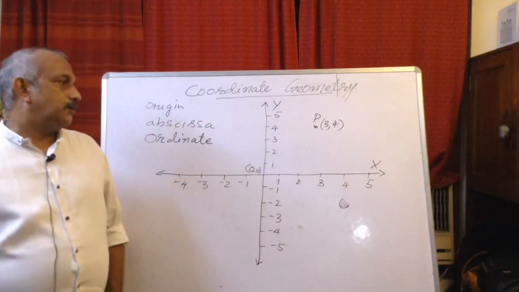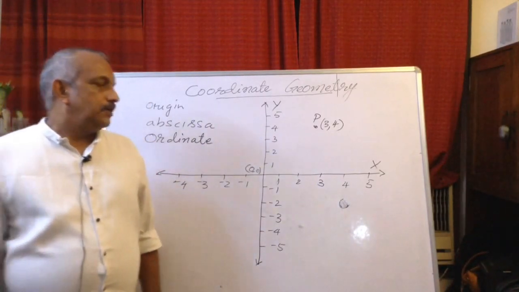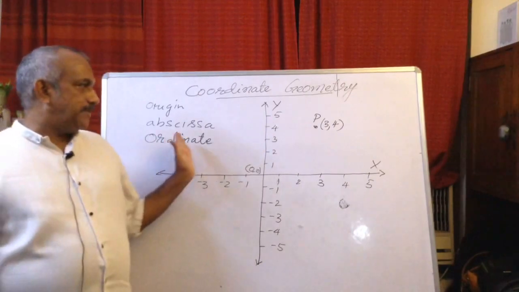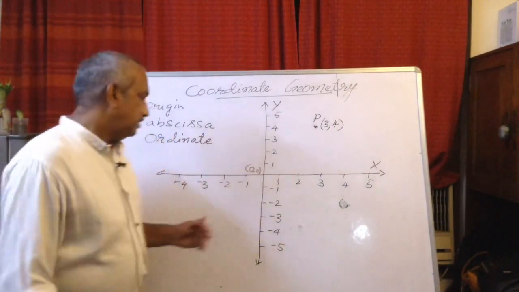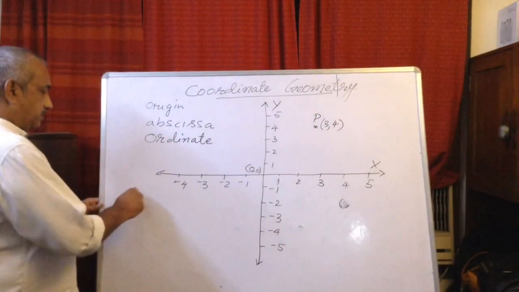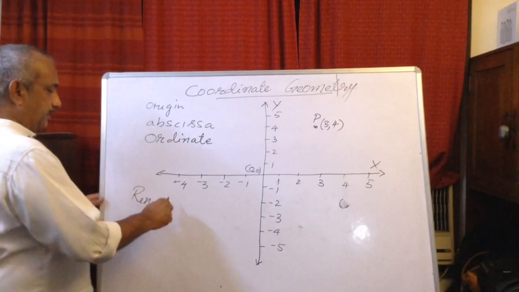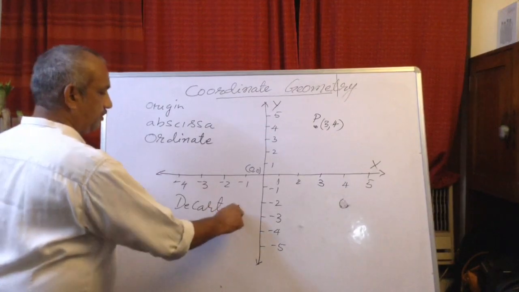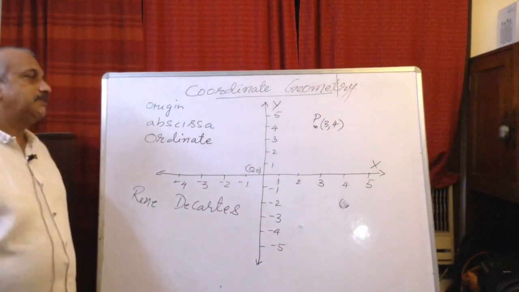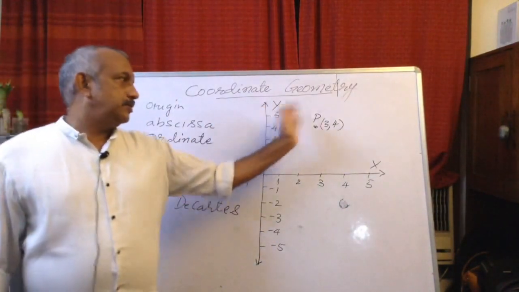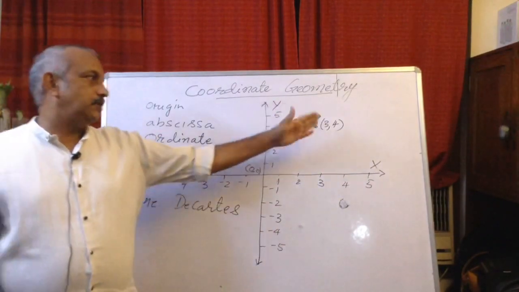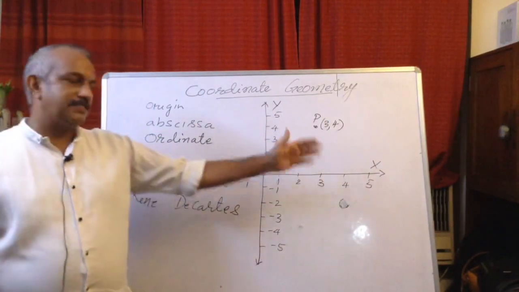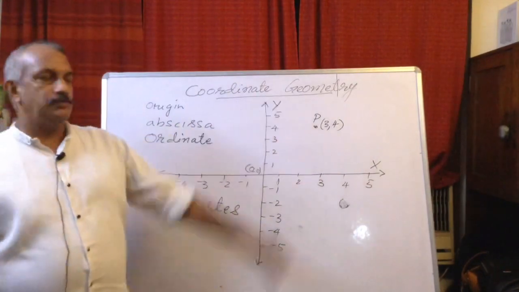Okay. Now next point. See, this is a plane. A mathematician called René Descartes discovered how to find the location of a point, and he made the x-axis and y-axis, and he introduced coordinate geometry.